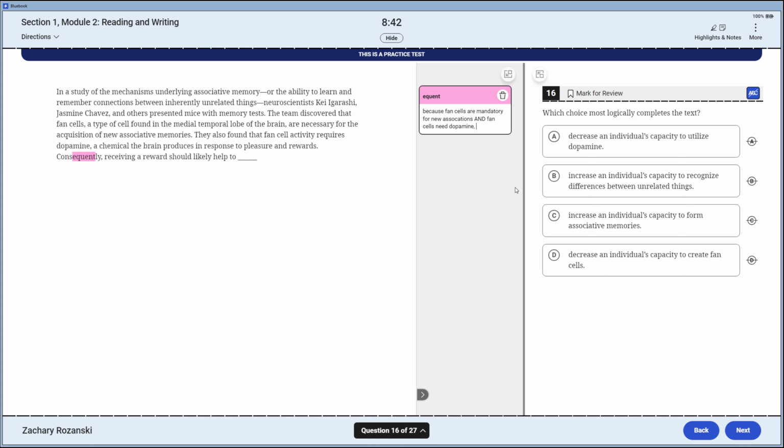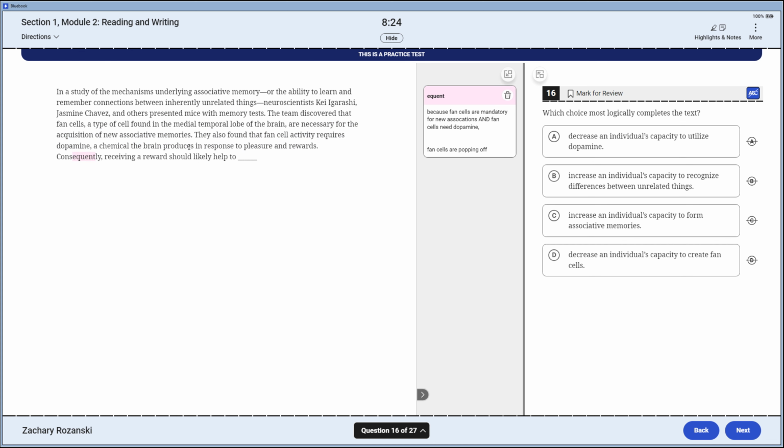Because fan cells are mandatory for new association, and fan cells need dopamine, a chemical that comes from receiving a reward. So I would imagine receiving a reward gives more dopamine. So I would anticipate from this that fan cells are popping off. That's what I'm looking for.